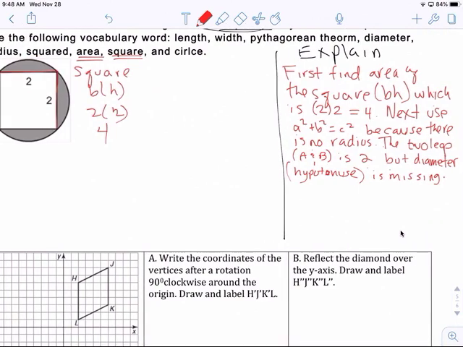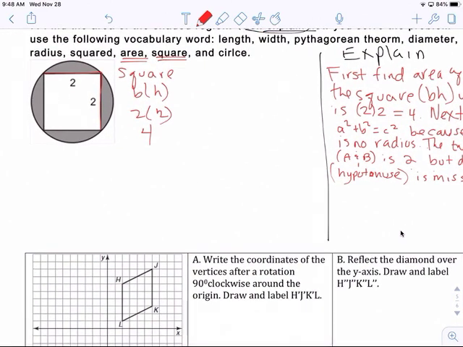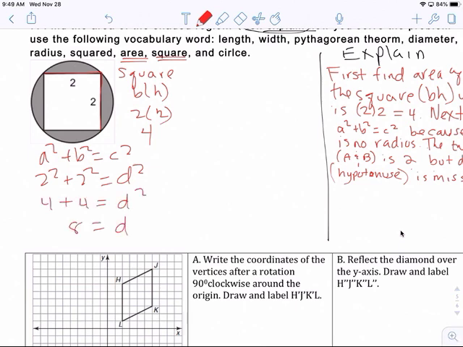Okay, and then you do a squared plus b squared equals c squared: 2 squared plus 2 squared equals diameter squared, 4 plus 4 equals diameter squared, 8 equals diameter squared.